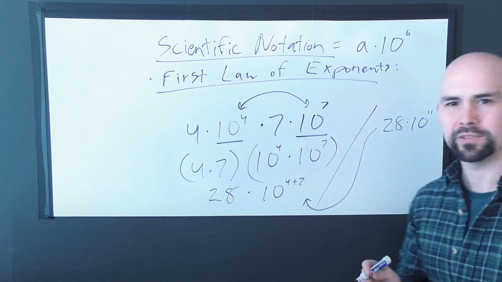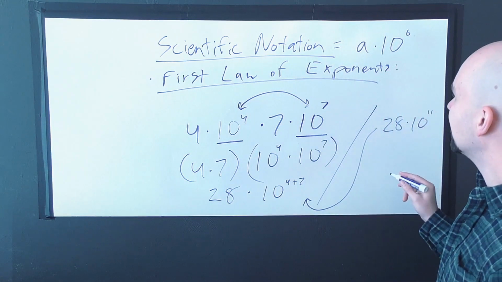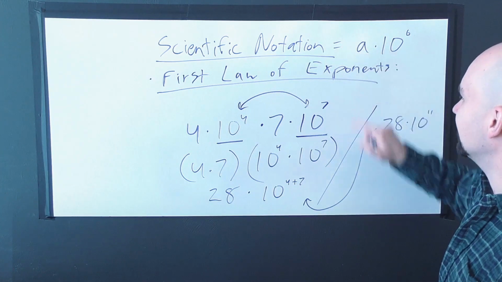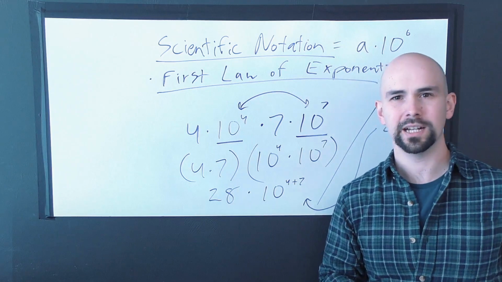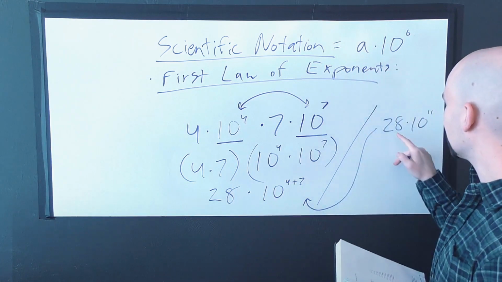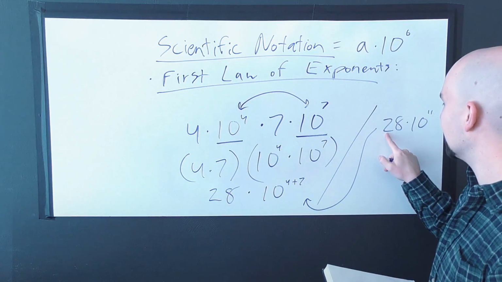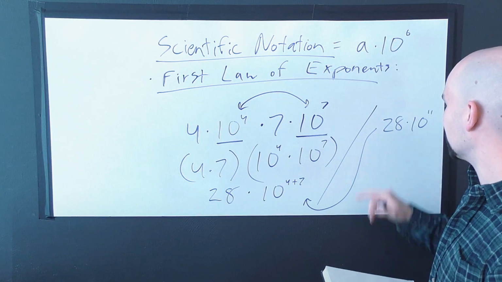Is this in scientific notation? Almost, but not quite, because remember that in scientific notation, A has to be a number that's at least 1 but smaller than 10, or in other words, you have your first non-zero digit to the left of a decimal space.